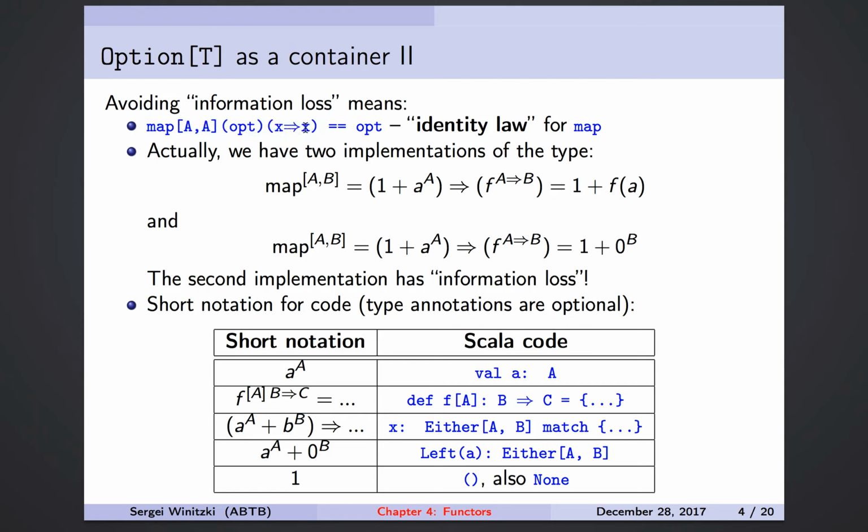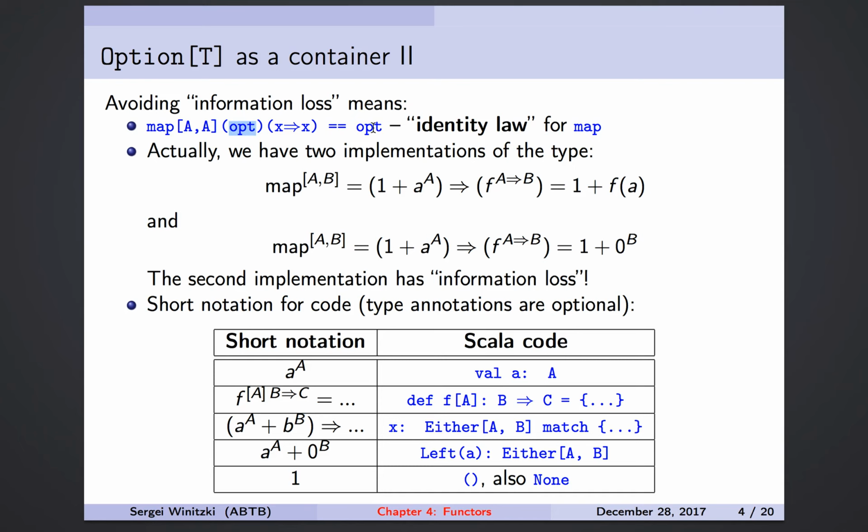Well, if that were not true, then obviously even doing nothing would lose information or change things in some unpredictable way, and that violates the idea of manipulating values in the container, because manipulating means you apply a function. So if you apply the identity function, it means you didn't do anything. You did not actually intend to change anything, and so that should produce the original value of the option.